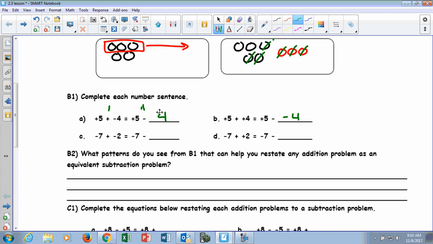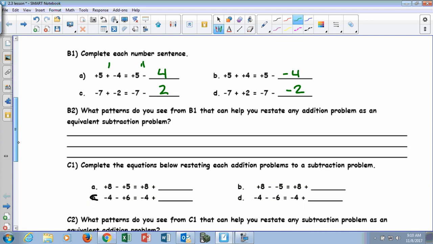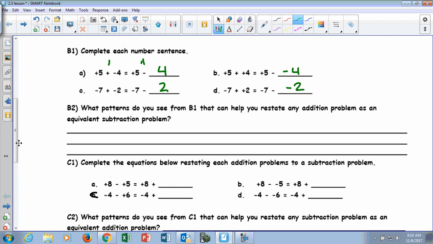Okay. What about for C? What'd you get for C, Eliana? 2. Hopefully you're starting to see a pattern now. And what about for D? Robert? -2. So again, in terms of the patterns, to help you restate any addition problem as an equivalent of subtraction.